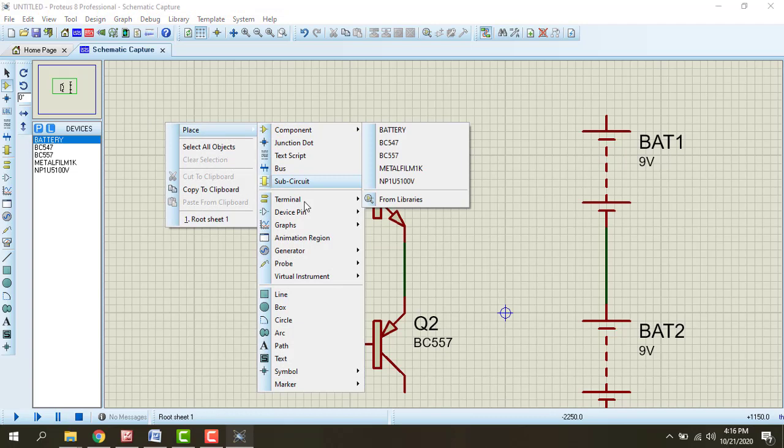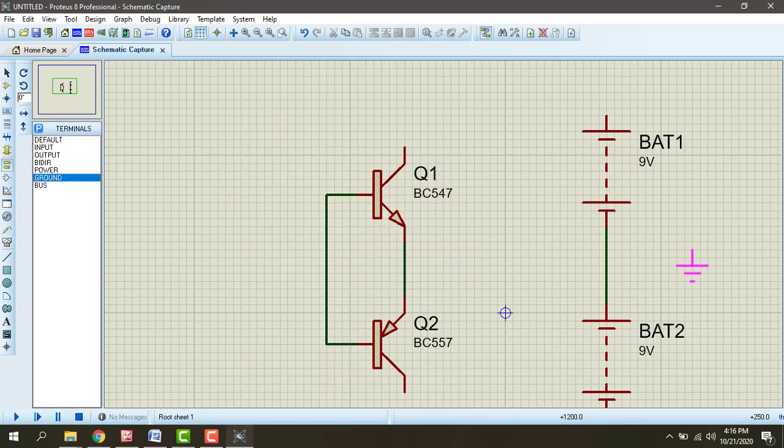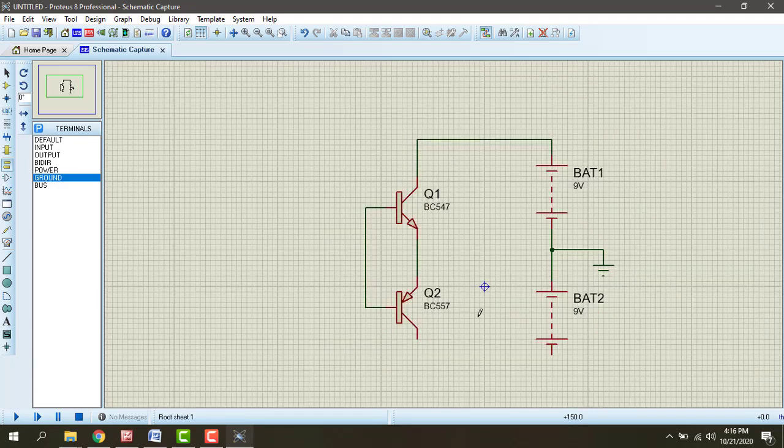Place terminal ground. Connect plus and minus and connect to ground. Then it will be made as plus VCC and minus VCC, so plus 9 and minus 9. So it is enough. Okay.